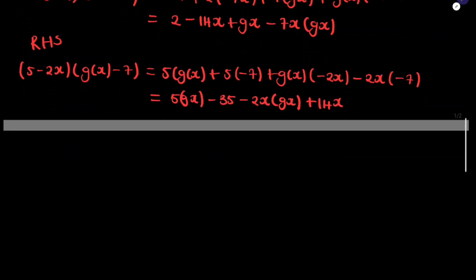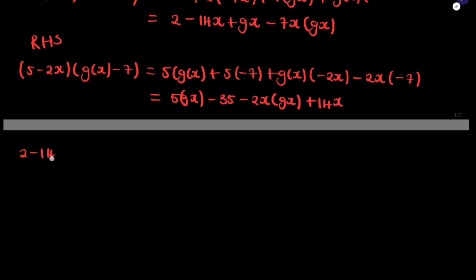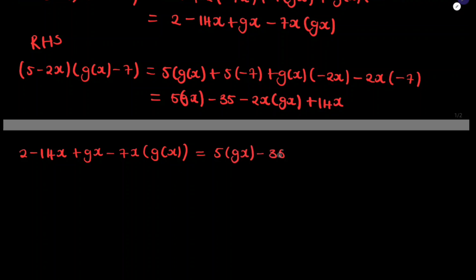So now let us equate the two. So we have 2 - 14x + g of x - 7x times g of x, all this equal to 5 times g of x - 35 - 2x times g of x + 14x.